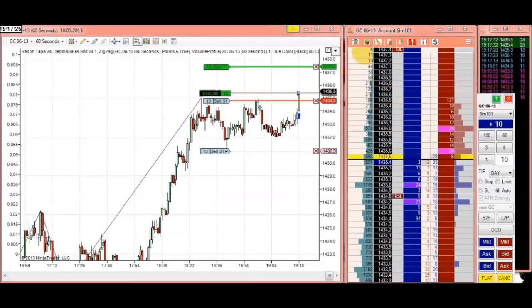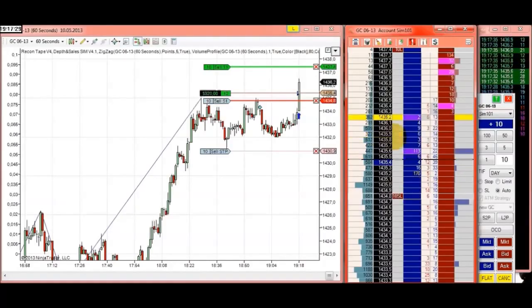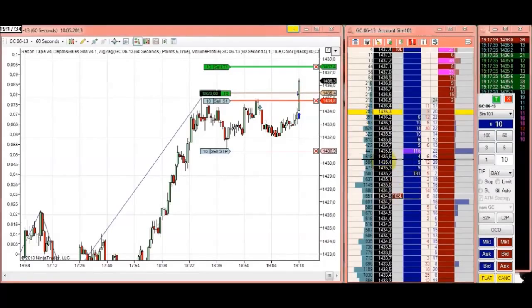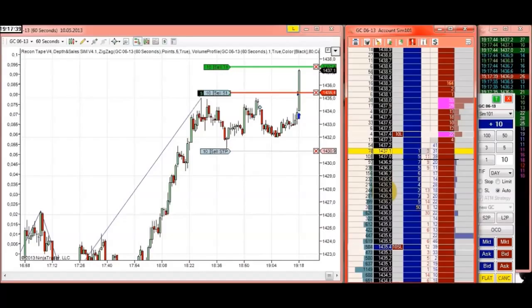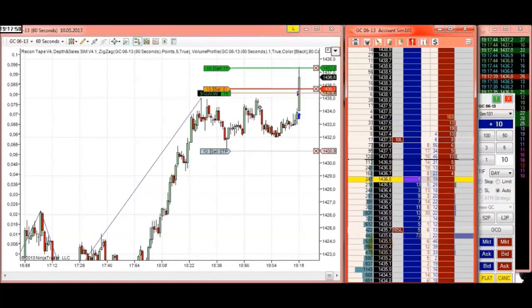Okay, now we have the order filled, and we see some support. You can see some supporting stuff, protecting our entry, and we can see it's moving pretty nicely, pulling back one tick from the high.